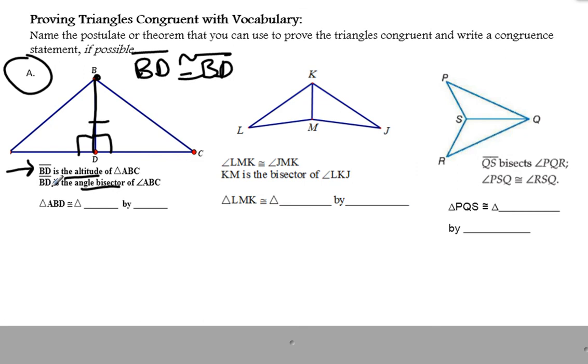And the next thing says that BD is the angle bisector of ABC. Well, here's ABC, and it says that BD bisects angle ABC. So here we mark our congruent cut in half angles. So now we have an angle, an included side, and an angle in one triangle congruent to an angle, an included side, and an angle in another triangle.